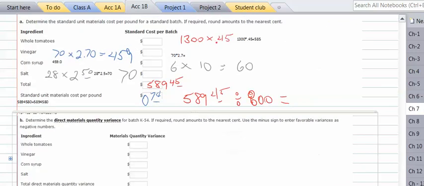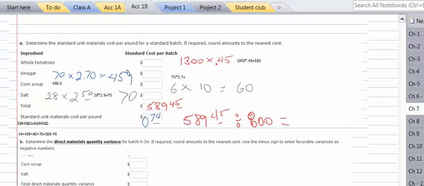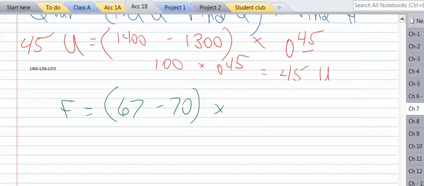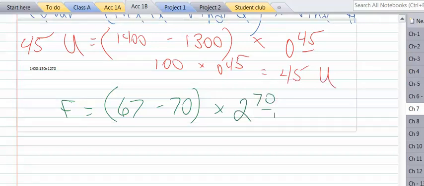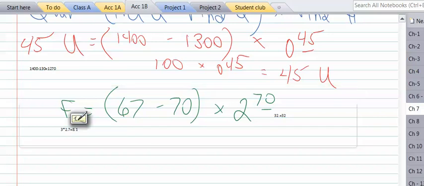And our rate for the vinegar planned was $2.70 per gallon. So we'll multiply this times 2.7. So we have 3 times 2.7. That's going to be $8.10 favorable.